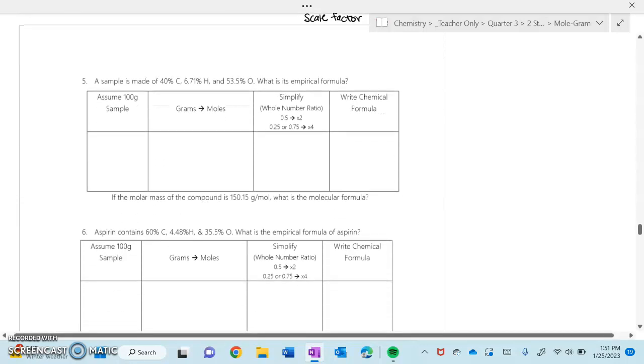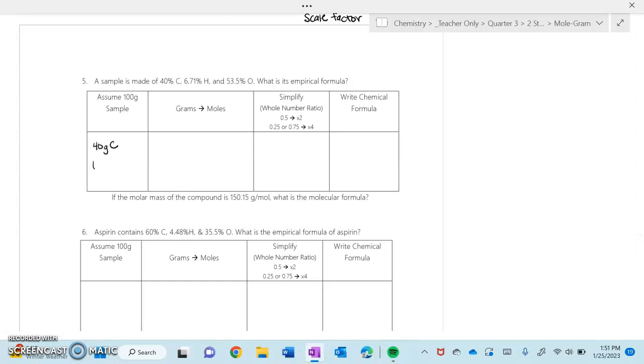Let's try number 5. A sample is made of 40% carbon, that's 40 grams carbon, 6.71% hydrogen, and 53.5% oxygen. So the first thing we want to do is divide these all by their molar masses.